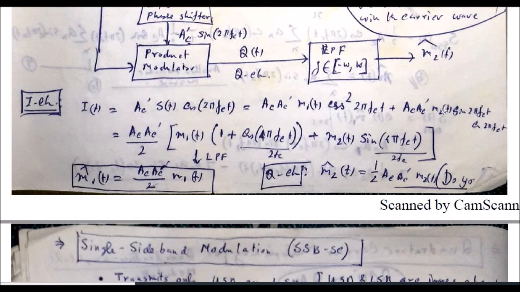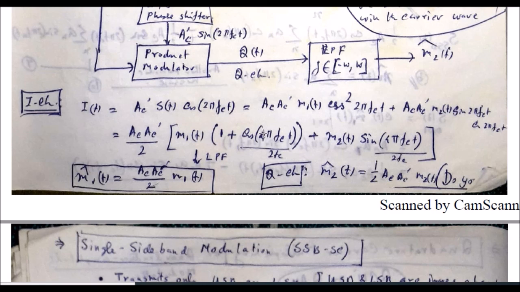If you elaborate all these terms, you will get that only one term will be proportional to m1(t). This term will be corresponding to 2fc, and this term will also be m2(t), that means the user 2 signal. This term will also correspond to 2fc, that means twice the frequency of the carrier signal.